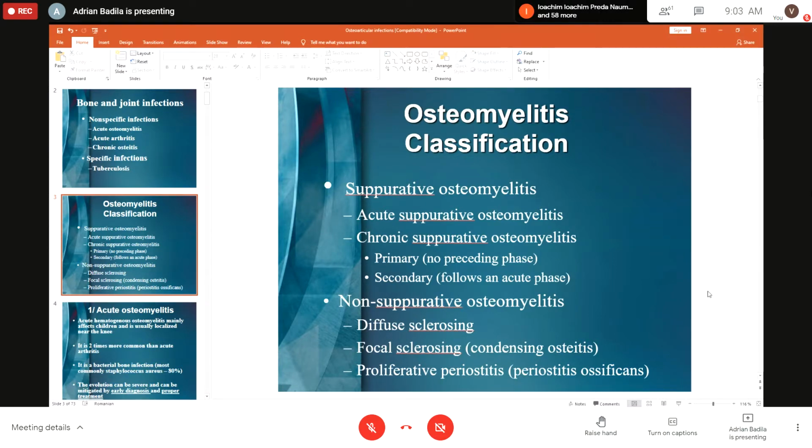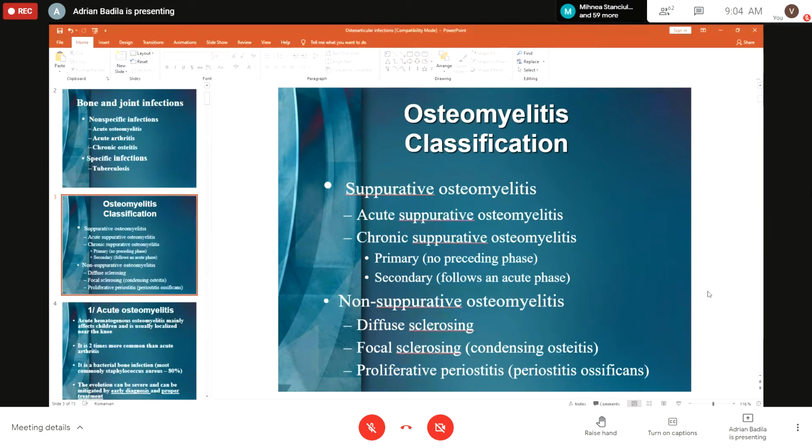The suppurative osteomyelitis can be acute or chronic, and the chronic osteomyelitis can be primary or secondary. The primary chronic osteomyelitis doesn't have a preceding acute phase. It is chronic from the start, from the beginning. It is produced by a non-aggressive germ, and the host body is able to contain the infection.